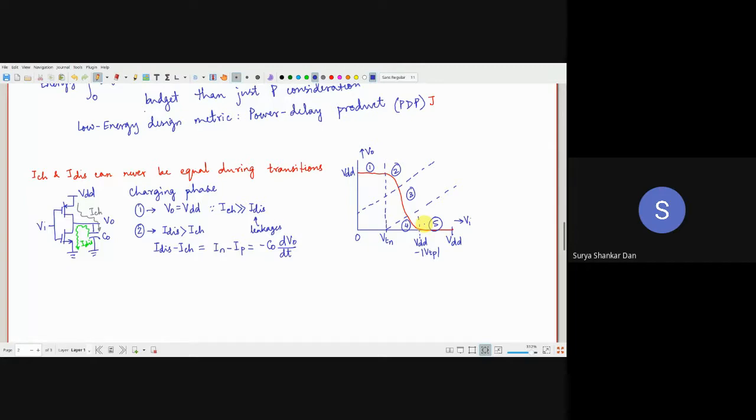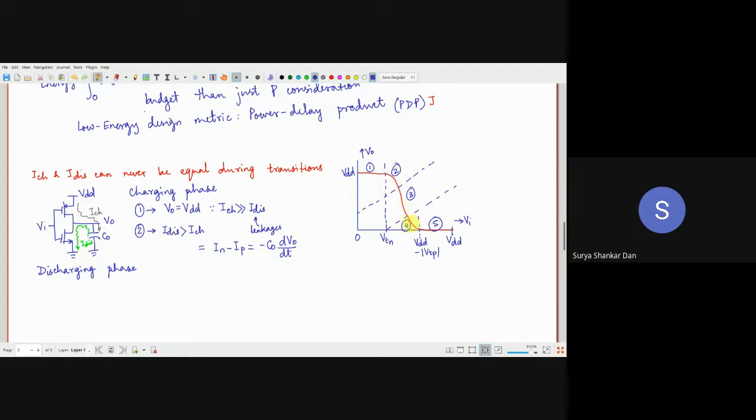Similarly, during the charging phase, what is the situation? Even though in our calculations we ignored the other aspects, in the charging phase we ignored the discharging. Okay, so this is actually not the charging phase, in the charging phase it will be just the reverse.